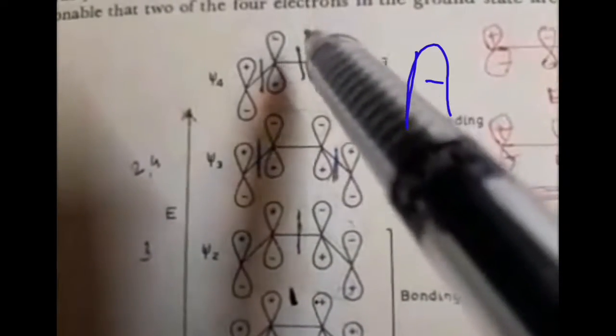And this one asymmetric. So in this way, this is tabulated here like this, that psi1 is symmetric, psi2 asymmetric, psi3 symmetric, and psi4 asymmetric.